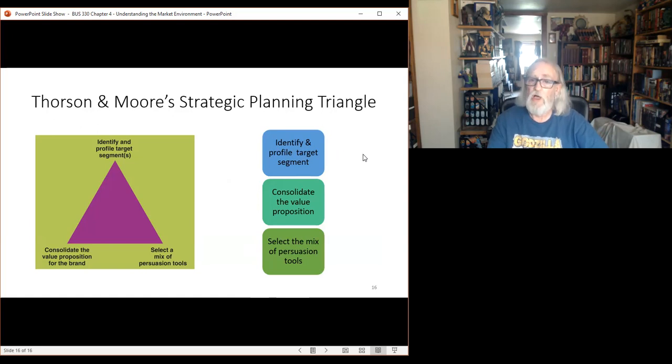So you identify and profile that target segment. You understand exactly what you're doing. You segment them, and then you target them. Once you target them, you understand who they are and what they need and want. You craft your value proposition to satisfy that need and want and to fulfill your end of the value proposition.